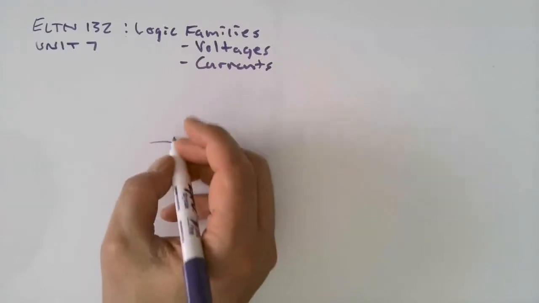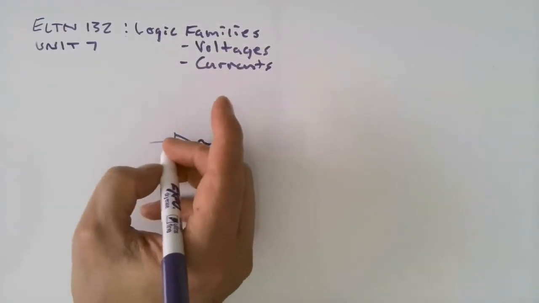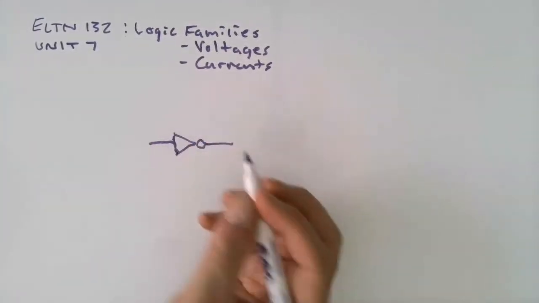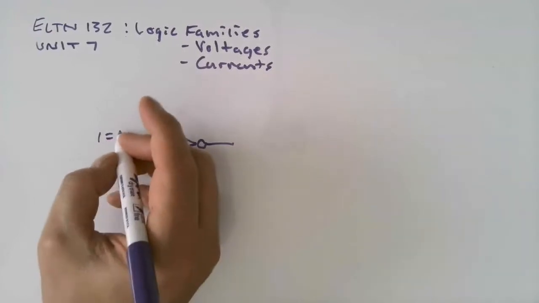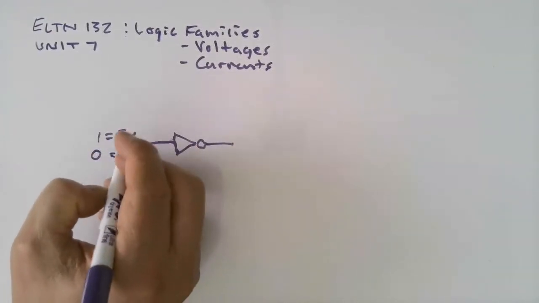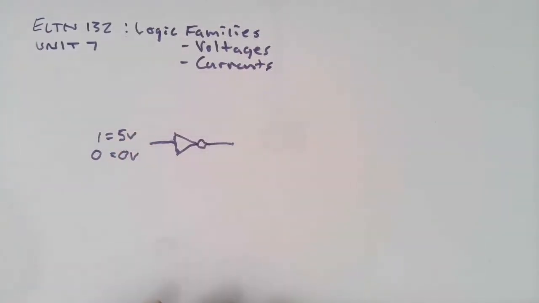So when we think of an inverter, the symbol that we typically use looks like that. Up to this point we've said that a logic high, a 1, equals 5 volts, and a logic low equals 0 volts. That's not entirely true, and we're going to see that there are some differences.